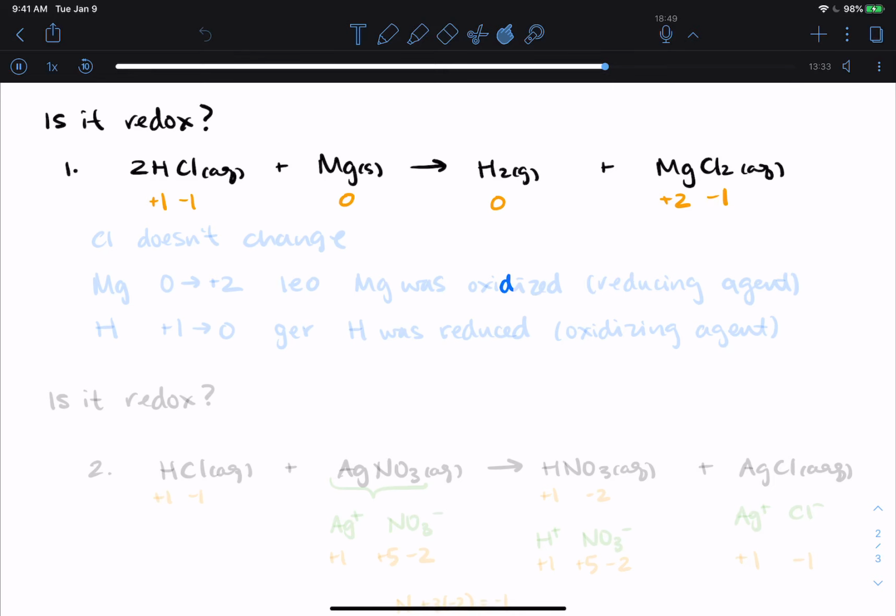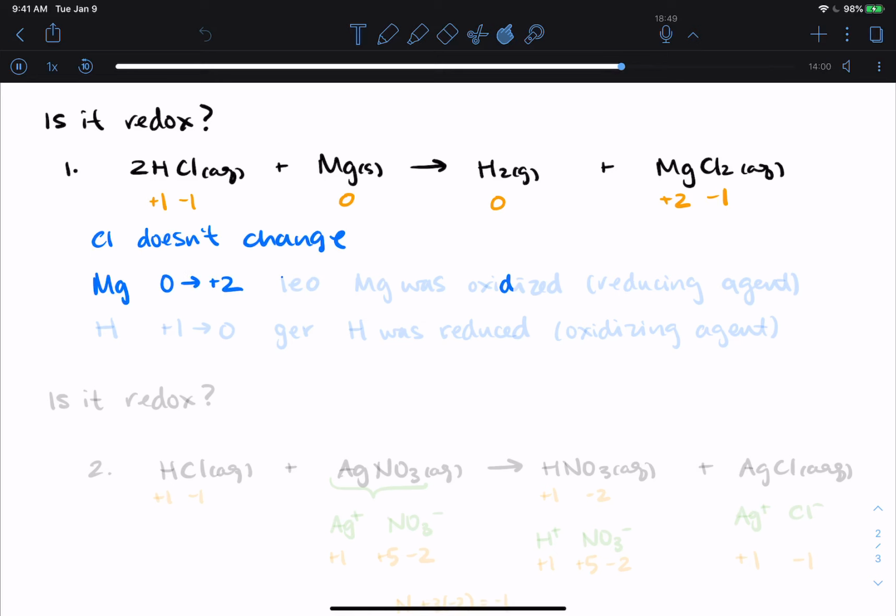So then I look at the oxidation numbers. What do we have? Chlorine is -1 on the left and -1 on the right. So chlorine doesn't change. The magnesium goes from 0 to +2.